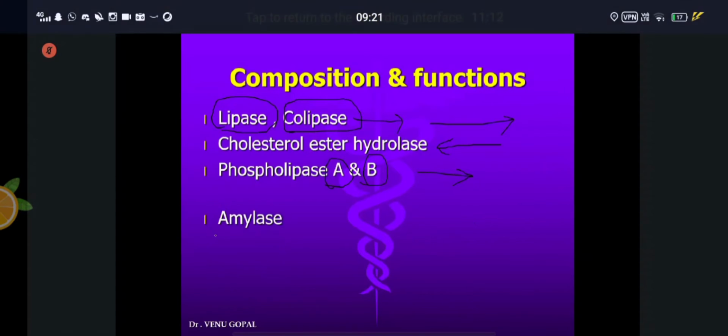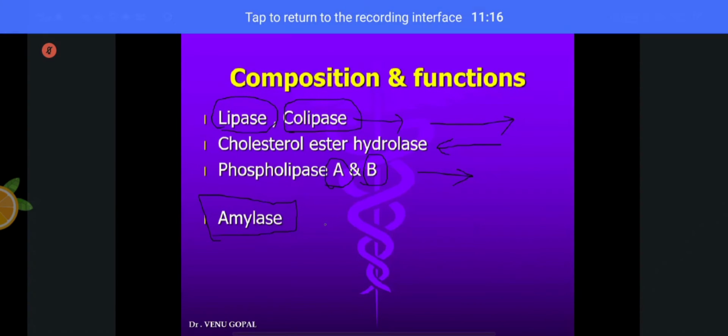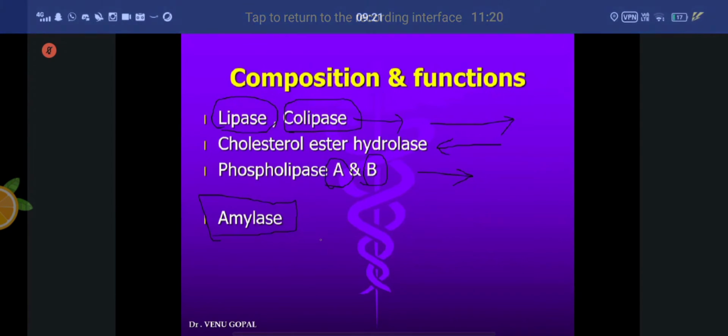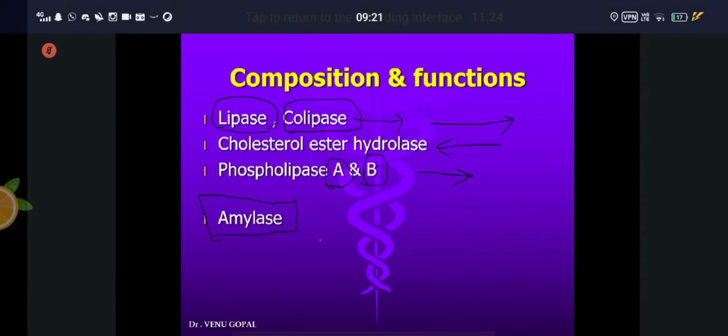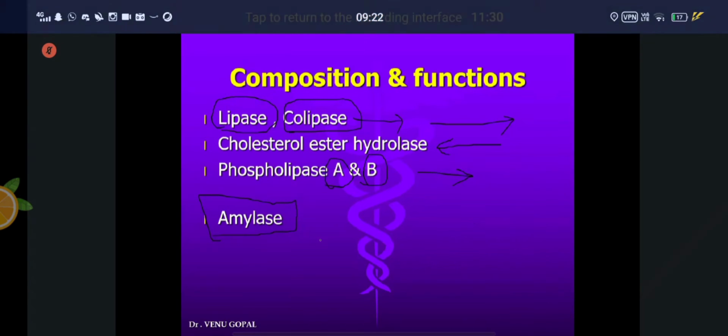Then amylase, what is amylase? How do you classify this enzyme? Pancreatic amylase. Yes, somebody can type amylase. What is the role of amylase?